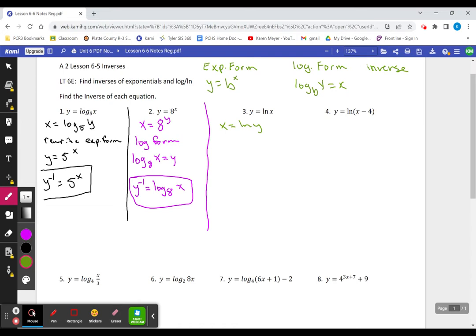So exponential form, y equals base. The base for ln is always the letter e raised to the x. And then you're going to say y is by itself. So put in your inverse notation. Y to the negative first equals e raised to the x.